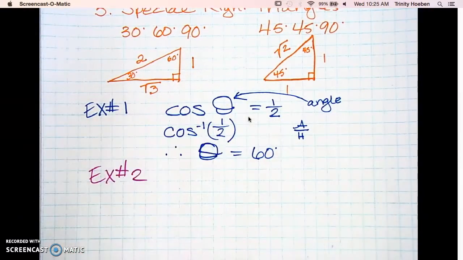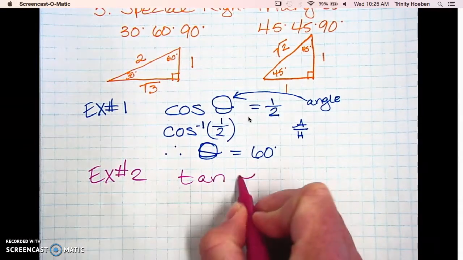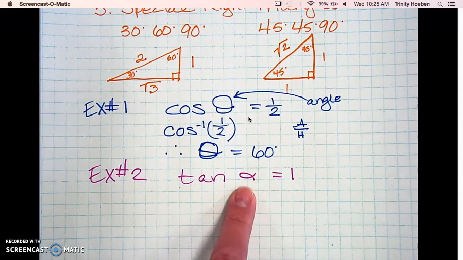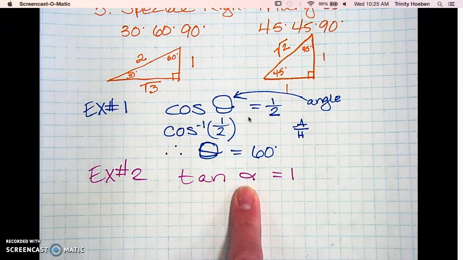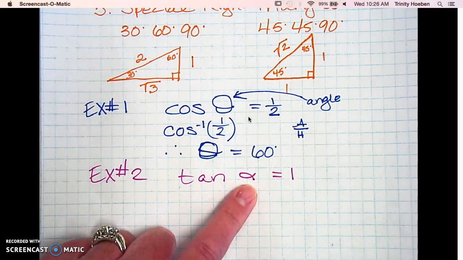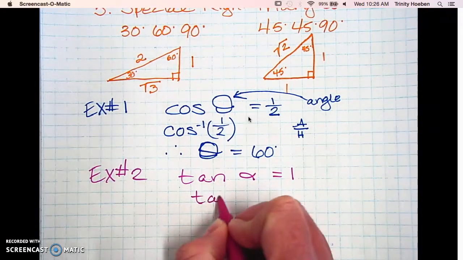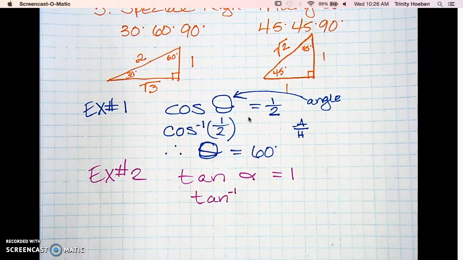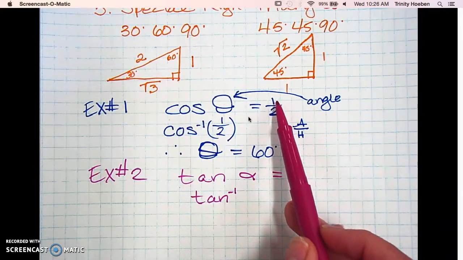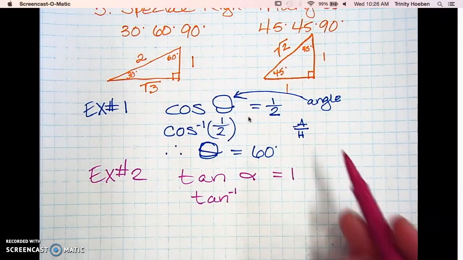Example number 2. We're going to look at the tangent of alpha, and it's going to be just equal to 1. All right, so another Greek letter here, alpha. We saw it the other day. Since we're looking for that angle alpha, we're going to use the inverse of tangent. And we're looking at 1. So is there a way to rewrite 1 in a ratio, kind of like example number 1 where we had 1/2? 1/1.